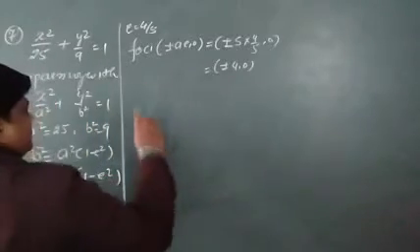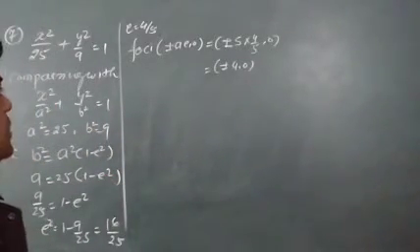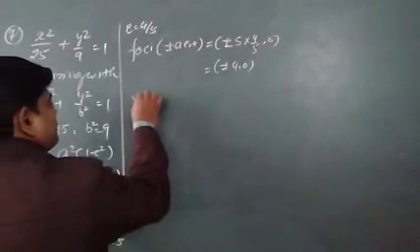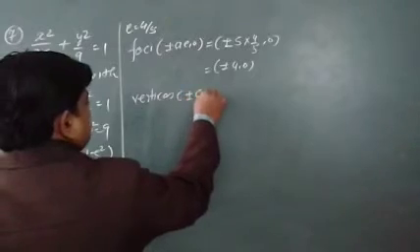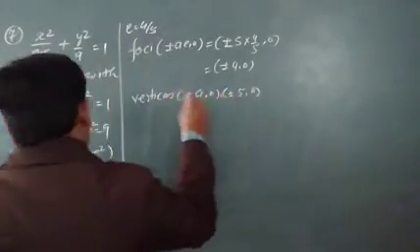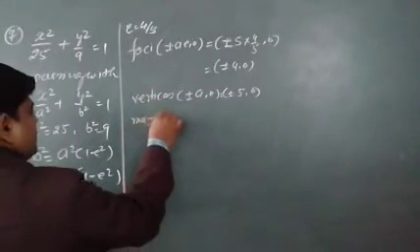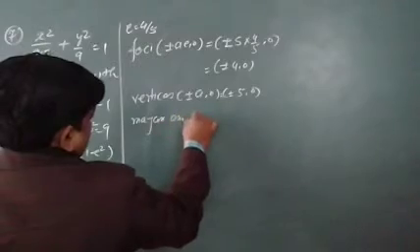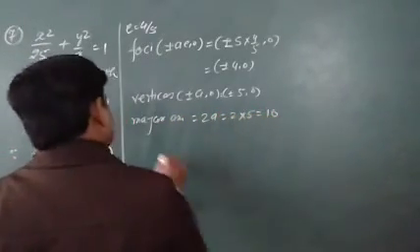The second thing, another one is we have to find vertices. Vertices, I think we have done, plus minus a, 0, it will be plus minus 5, 0. The next one I have to find is the major axis, 2a, that is equal to 2 into 5, that is 10.